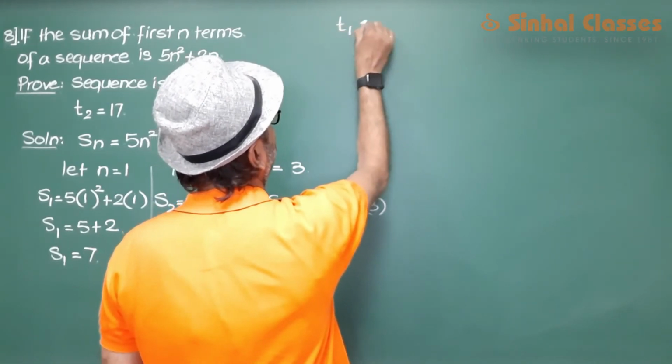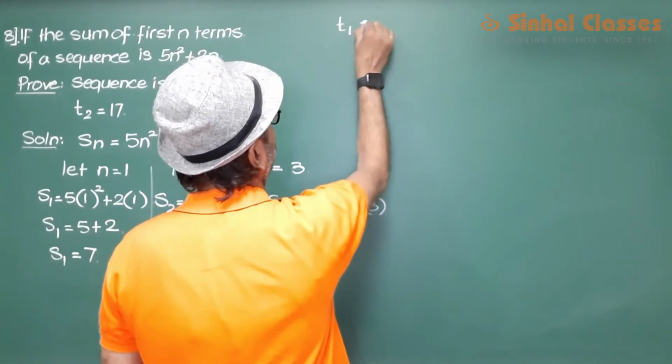Shift 2 on this side. n into 2 plus 3n minus 3. So we get 287, 2s are 574, is equal to n into 3n minus 1.